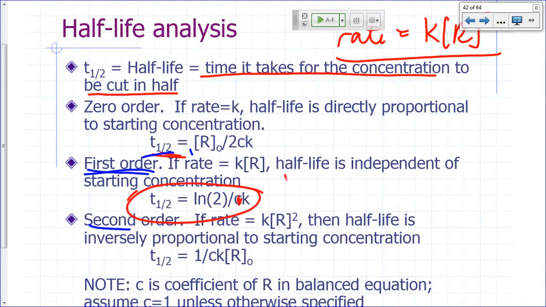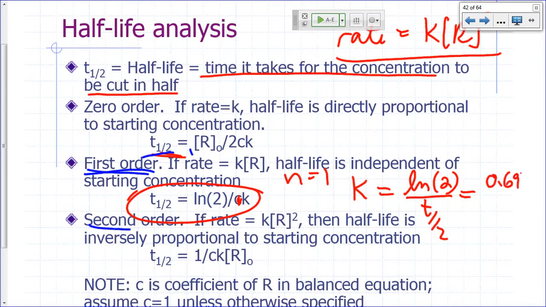This is first order, so n equals 1 here. So how do I solve for my rate constant? It's just equal to natural log of 2 divided by the half-life. So from the half-life, I can figure out what the rate constant is. What's the value of natural log of 2? It's 0.693. So 0.693 divided by the half-life.